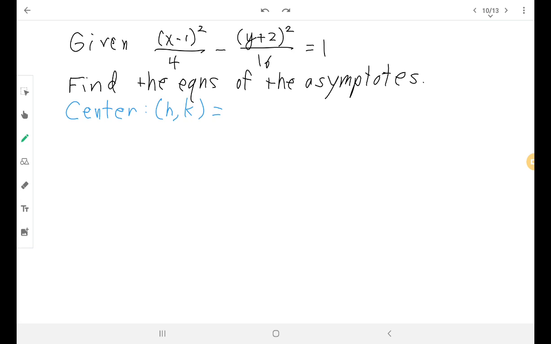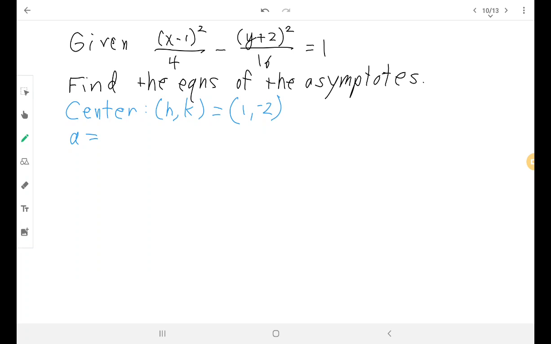The thing with the x is the h, and the opposite of -1 is +1. The thing with the y is +2, the opposite of +2 is -2. So there's my center, (1, -2).